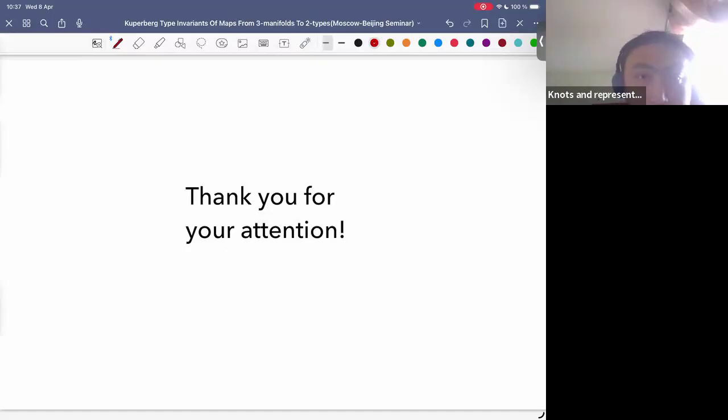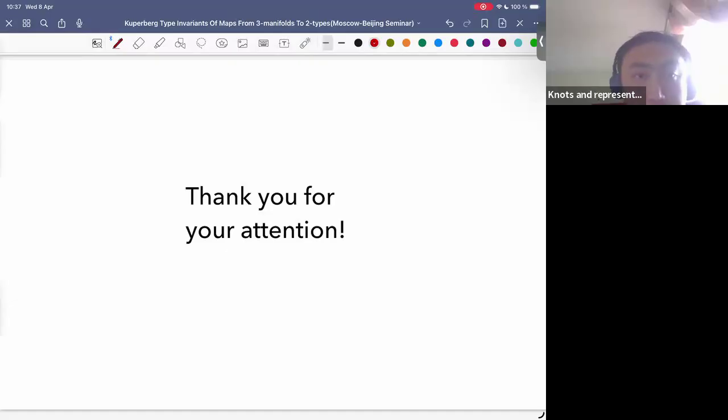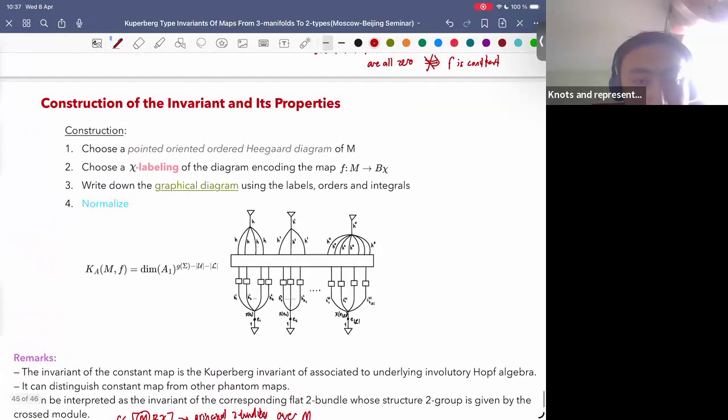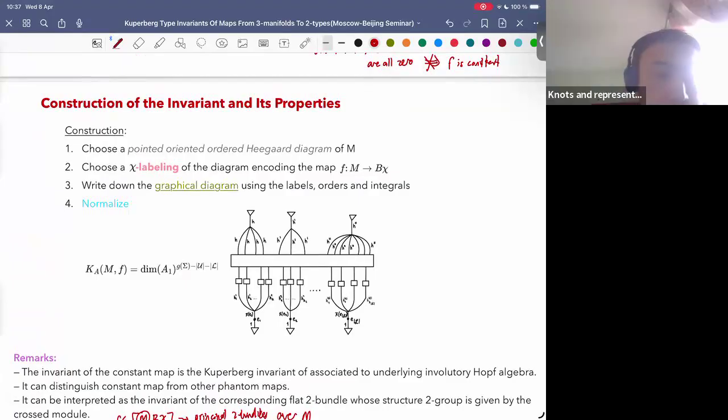Okay, I have a question. At the beginning of your talk, we were considering closed manifolds. I'm very curious about manifolds with boundary, because we are interested in knot theory, and most of the time we are interested in the complement space of a knot.